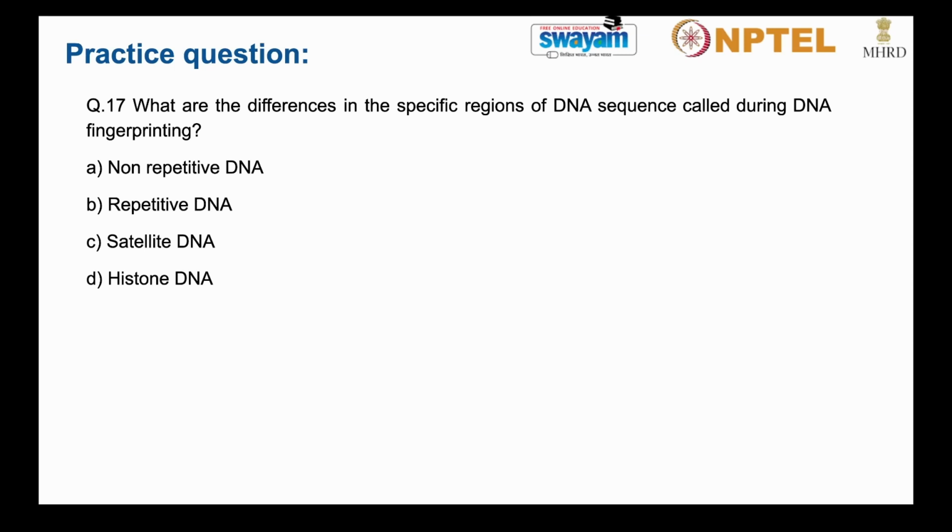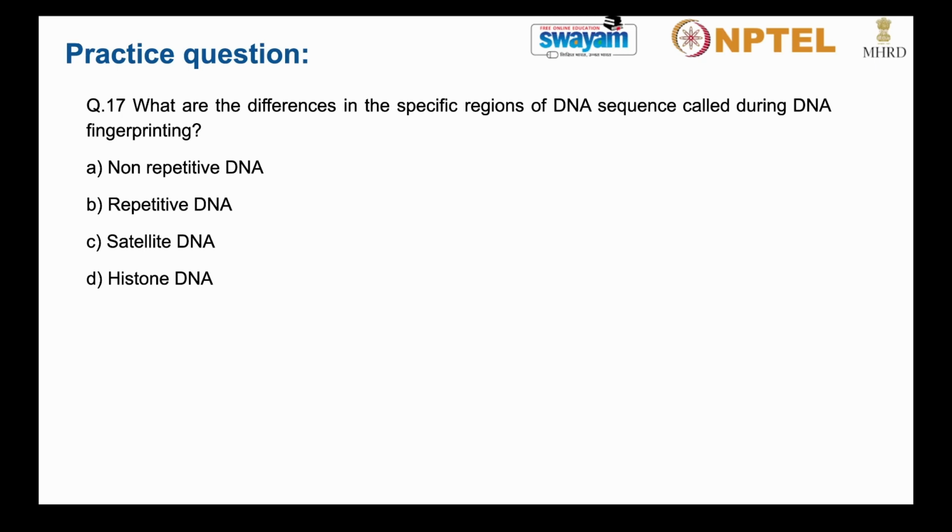As I have discussed with you in DNA fingerprinting and profiling, there are certain regions, because we know that among all human beings most of the genetic part is exactly the same, but there are a few regions that vary among all individuals, and those regions are generally the repeats. Okay, so look at these options. One is non-repetitive DNA, another is repetitive DNA, third option is satellite DNA, and fourth option is histone DNA.